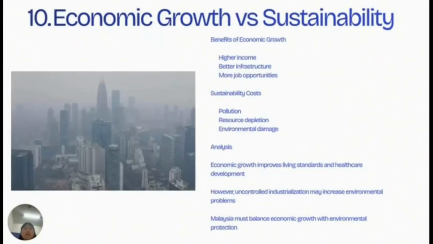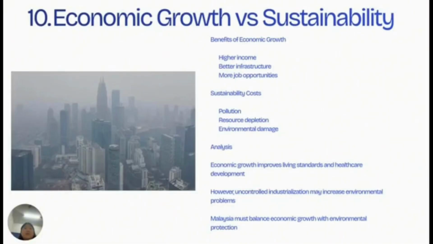This slide discusses the relationship between economic growth and sustainability. Economic growth brings many benefits such as higher income, better infrastructure, improved healthcare, and more employment opportunities.